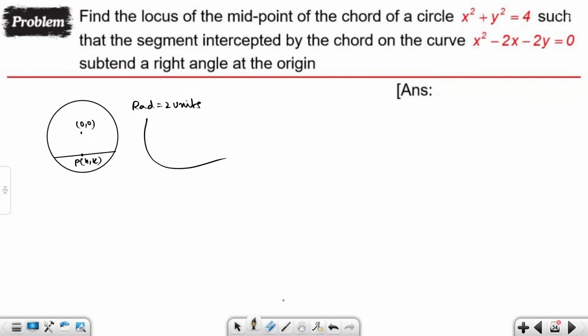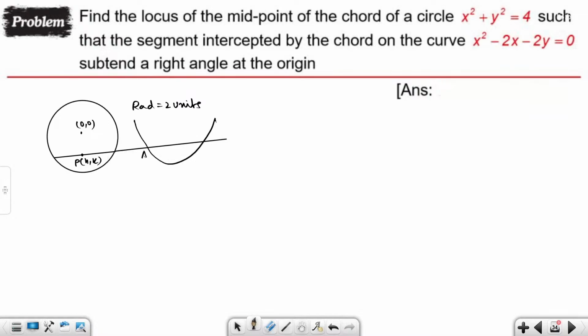Now, let me just draw it properly. Let us say it is like this. Okay. So in this case, now I know that it will be a parabola. That is why I am doing it. Even if you don't know the nature of the curve, it doesn't matter. It's a curve. And this chord is intersecting this given curve at 2 points.